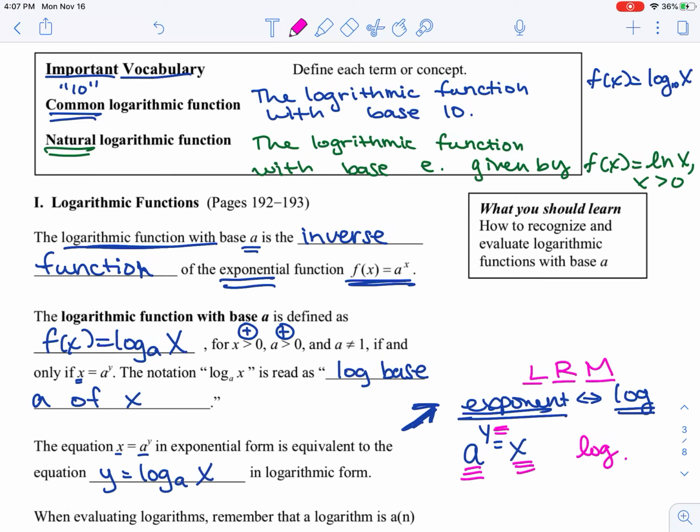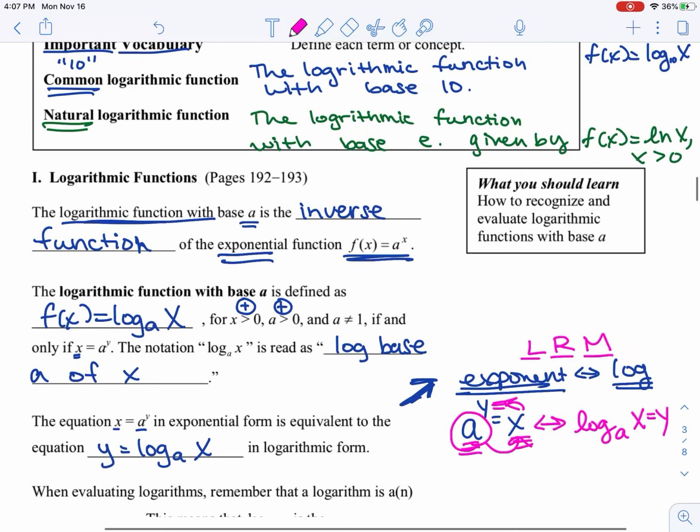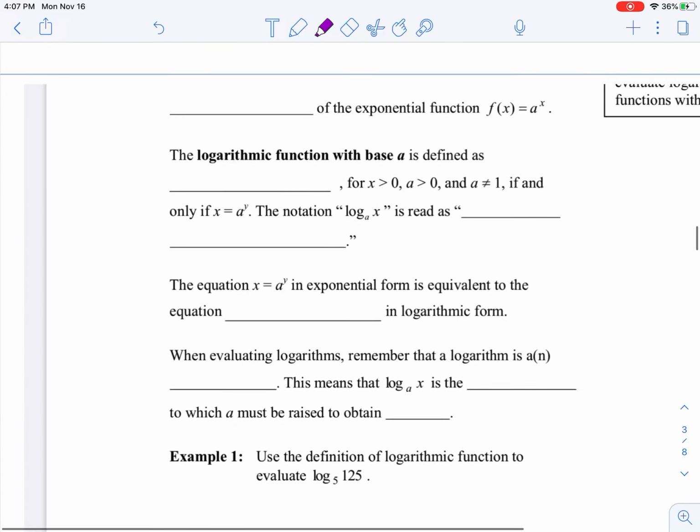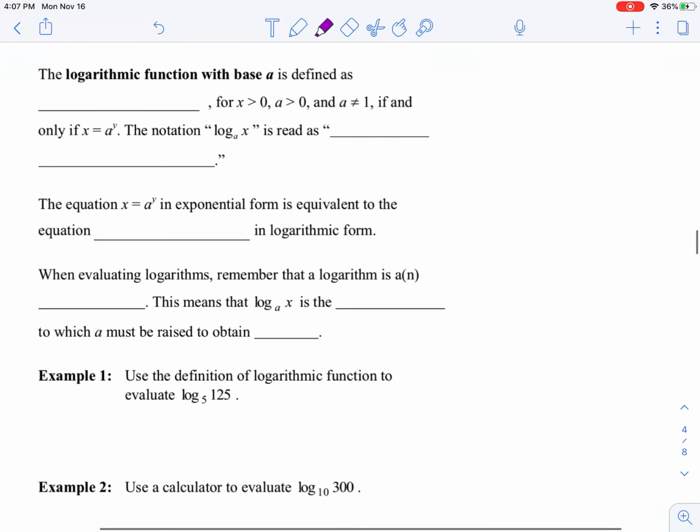So we go log base a, which is the left, this is still the base, right is our x, and the middle is right here. So these are synonymous, they do the same thing, and if I were to go from log back to exponential form, I would still use left to the right equals the middle. Okay, so just to put that into perspective for you.